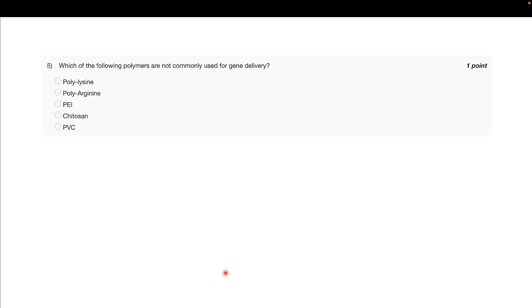So the next question is, which of the following polymers are not commonly used for gene delivery? Option 1 and 2.